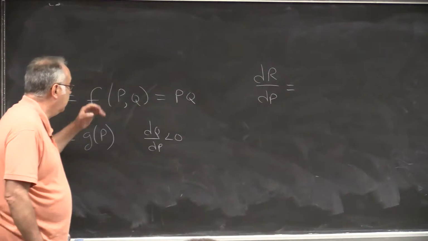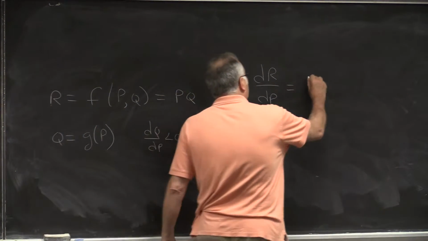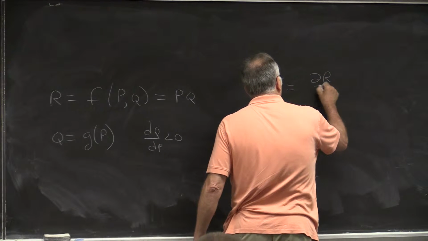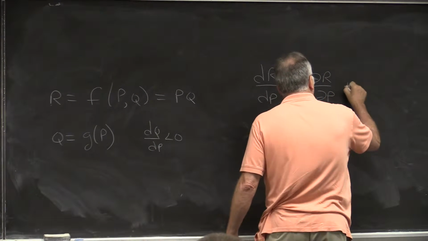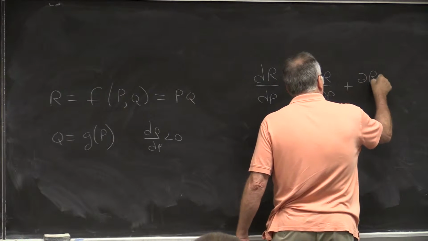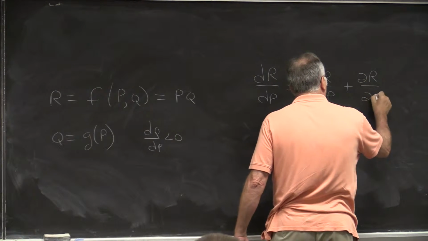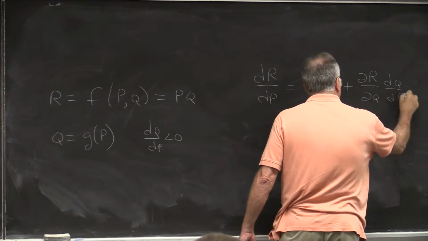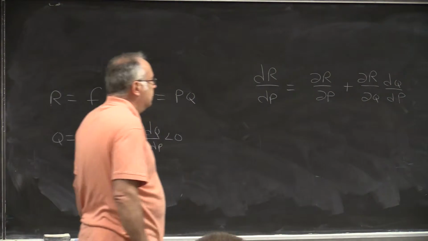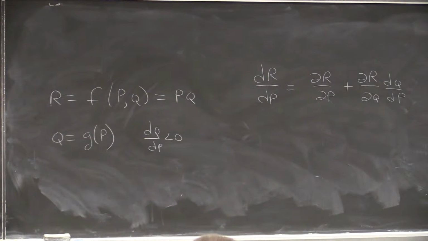So it'll be the direct effect of price on revenue, partial R, partial P, plus partial R, partial Q, times dQ/dP. This will be the total derivative of revenue with respect to price.